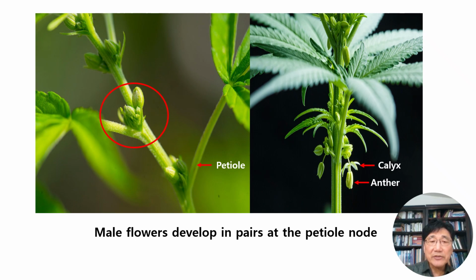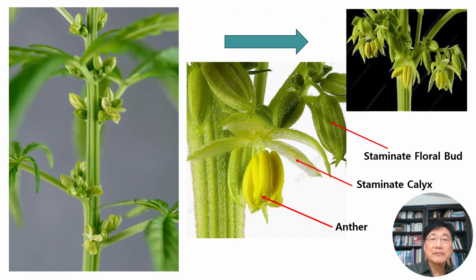This slide shows male flowers developing in pairs at the petiole node. This is a close-up image of the male flowers showing male flower morphology. It contains 5 anthers and 5 sepals.